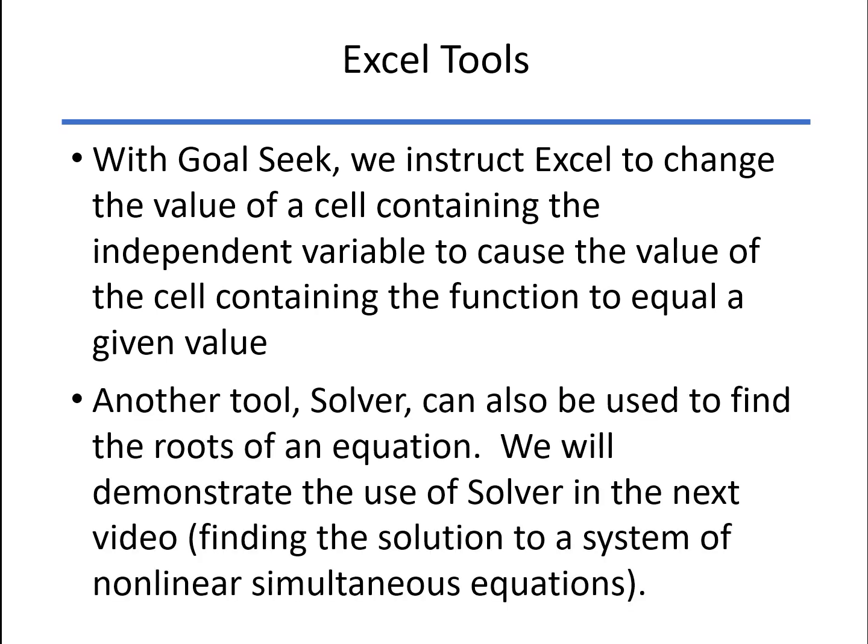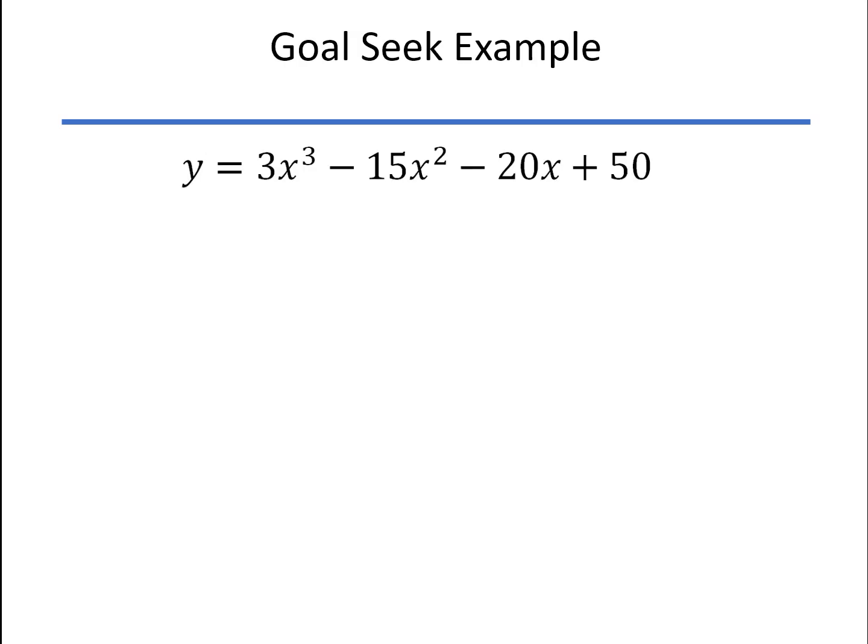Solver can do the same thing, but it's a little more complicated, though it's a very powerful tool if we're going to find the solution to a system of nonlinear equations, which we'll do in the next video. Solver also can do a lot of things toward optimization, and we'll look at that a little later in the course. So let's look at Goal Seek.